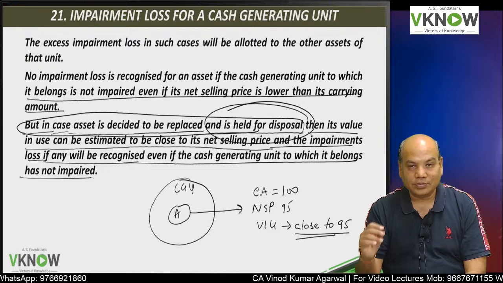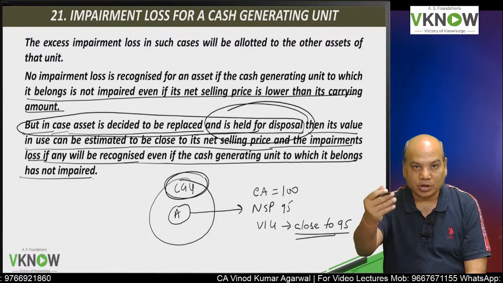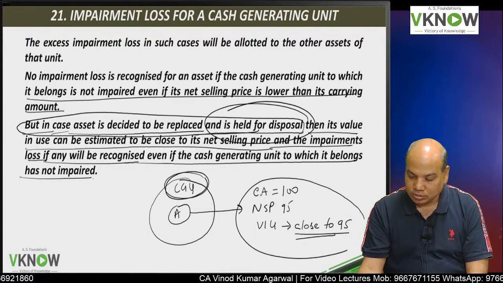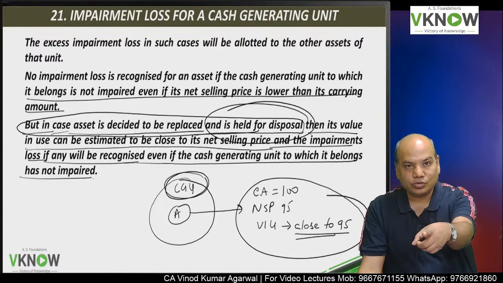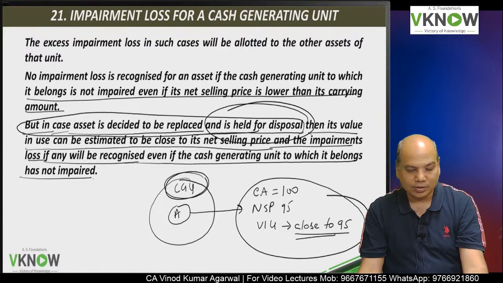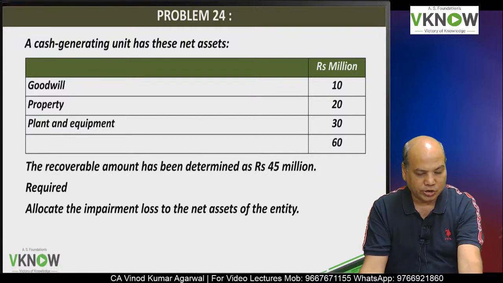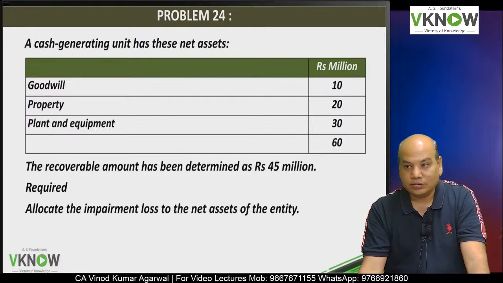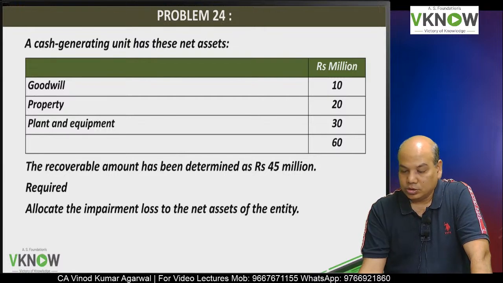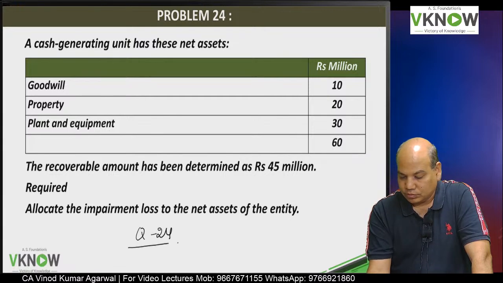Then in that case, whether CGU is impaired or not, the asset will be impaired because now the value in use is close to the net selling price. Let us solve few questions now on CGU and corporate assets. Are you ready? Question number 24.